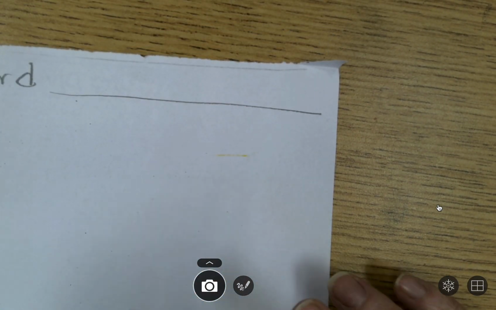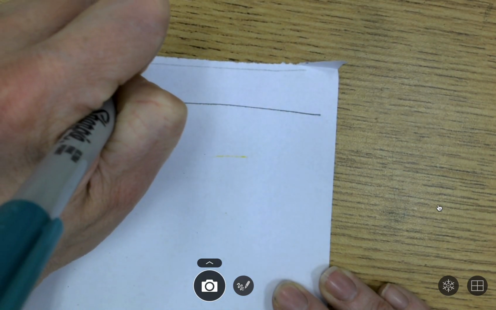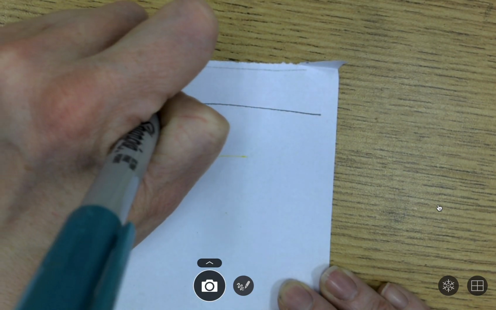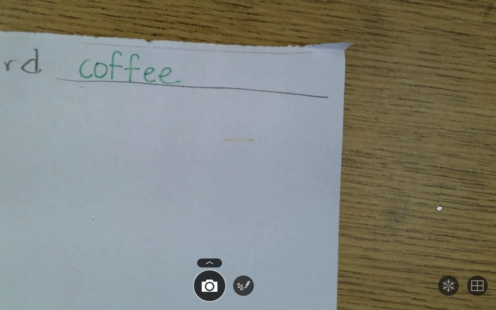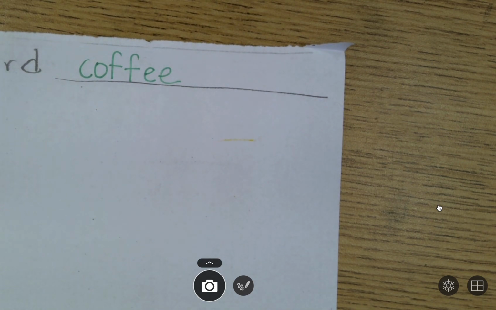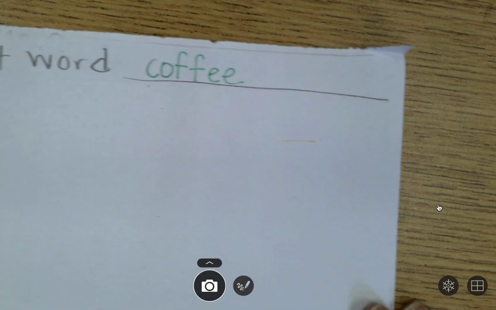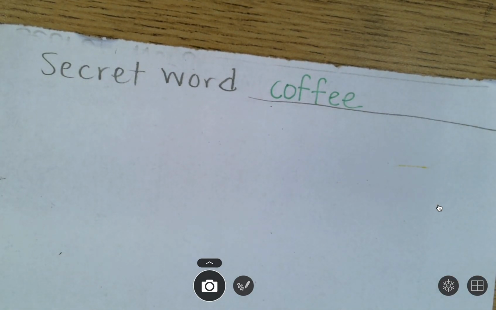That's spelled differently. It is C-O-F-F-E-E, with a lowercase c, because coffee is not a proper noun like Ms. Coffey is. So that is your secret word. That is worth a McLeod dollar.